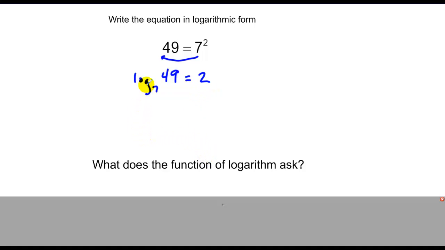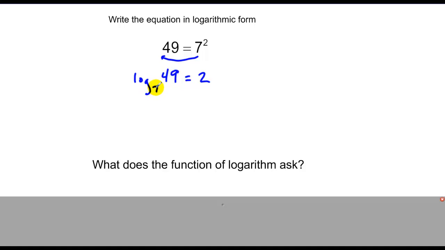Now we can ask ourselves, okay, what does this log do? We know that the square root says what multiplied by itself gives you the number under the root, but this must say something. Log base 7 of 49 is equal to 2. We know that they're all related numerically in some kind of true statement. So I know that 7 squared is 49.